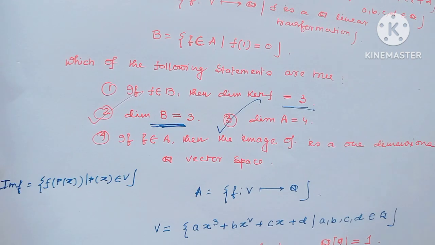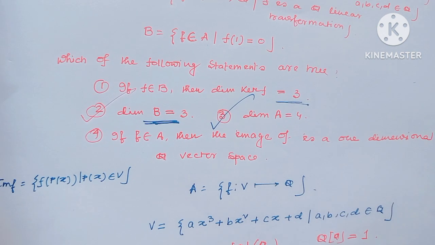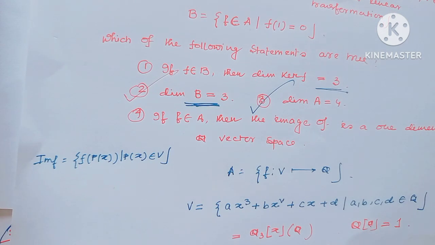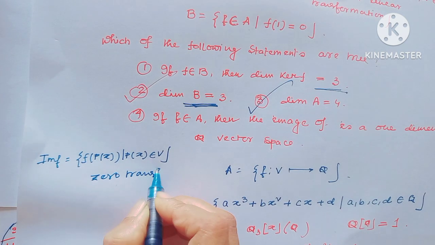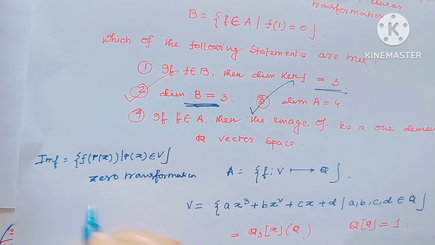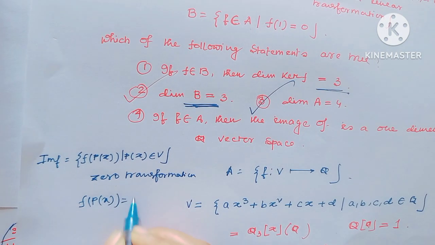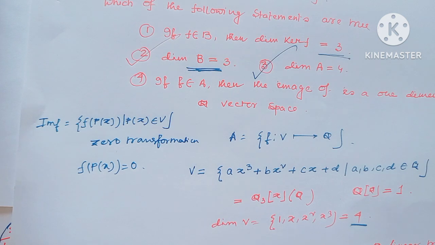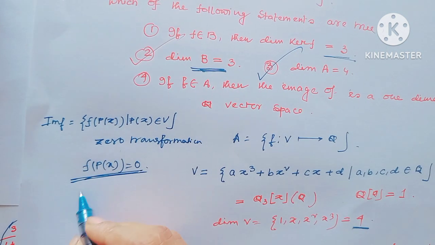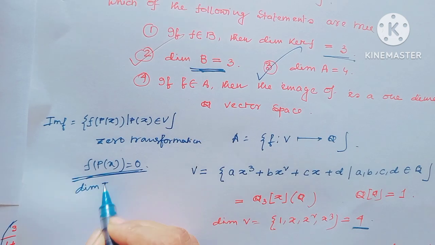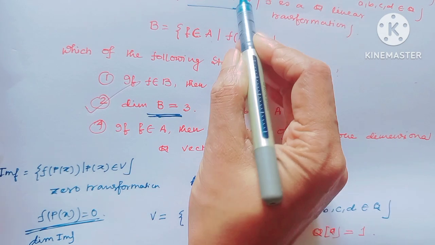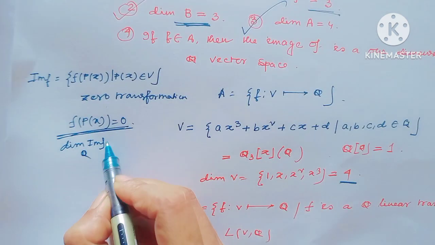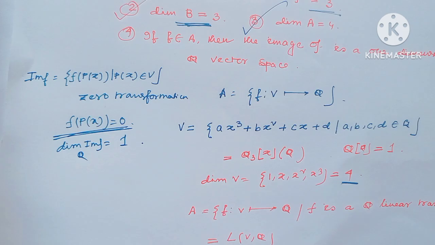The image of f means f of p(x), where p(x) belongs to V. If we consider the zero transformation, then f of p(x) equals 0.